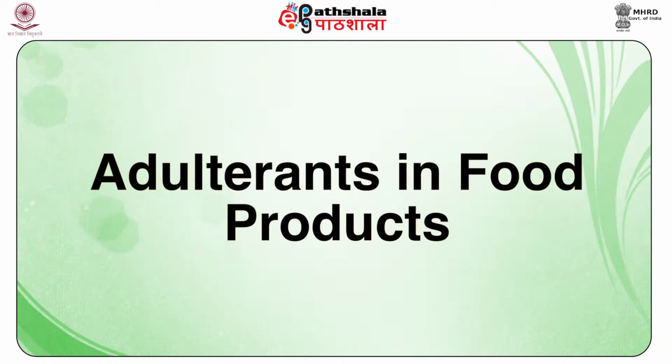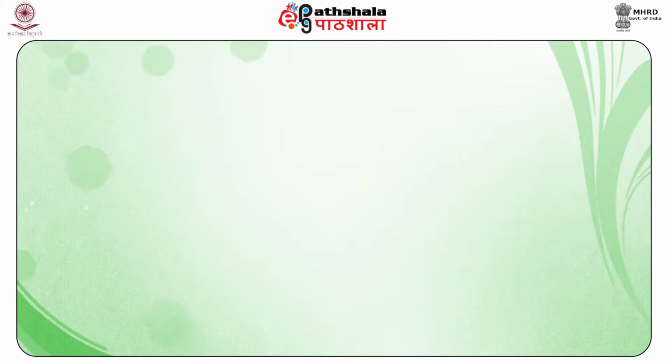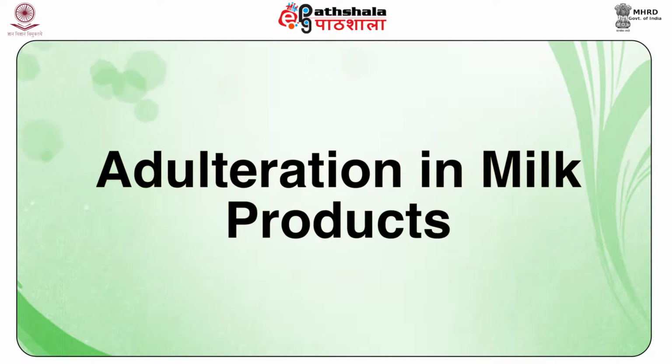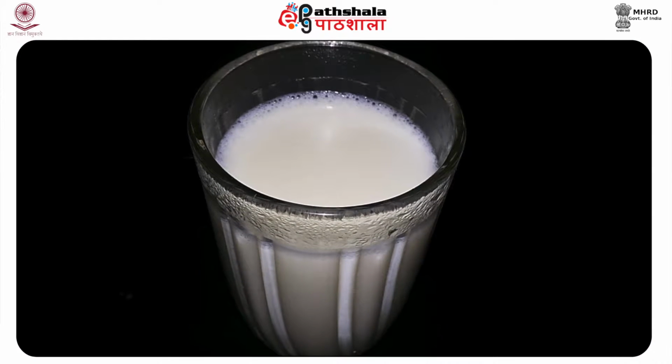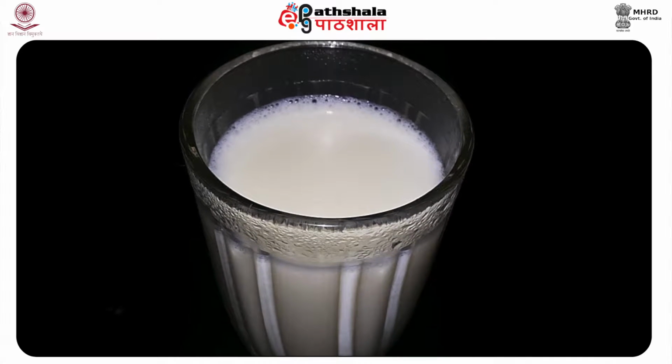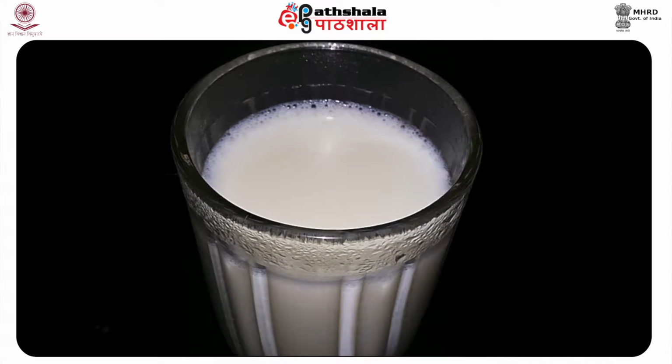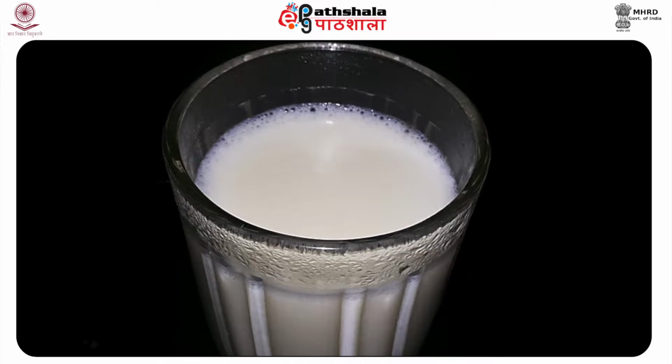Now, the adulterants in food products. Adulteration in milk products. Among all foods, milk adulteration is the most common one, being very easy and lucrative. Simple addition of water to milk adulterates it.